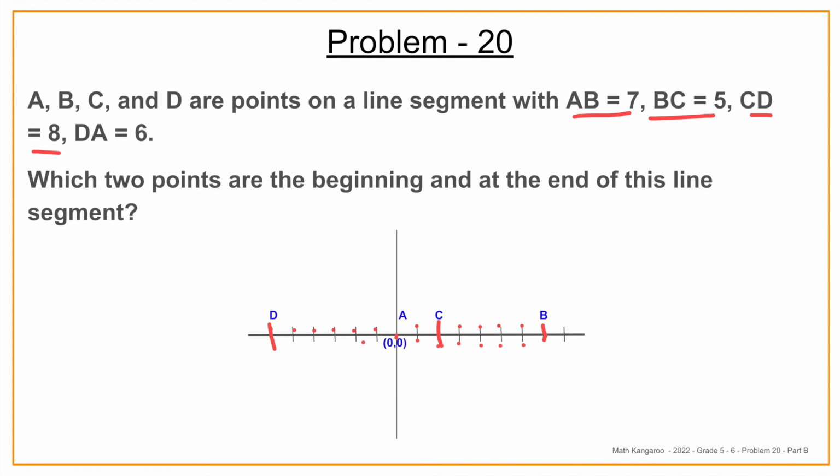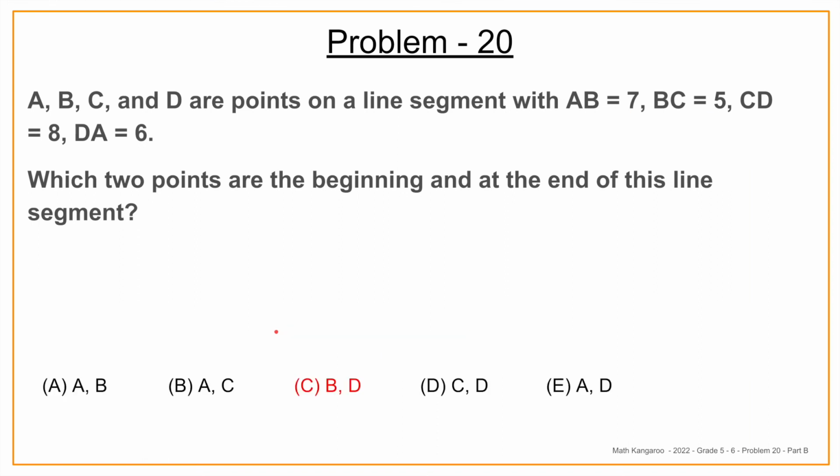So D to A should be 6. So we have 1, 2, 3, 4, 5 and 6. So we reach 6. So this is our path on the line segment. So our end and beginning is D, B or B and D. So our answer is option C, B, D.